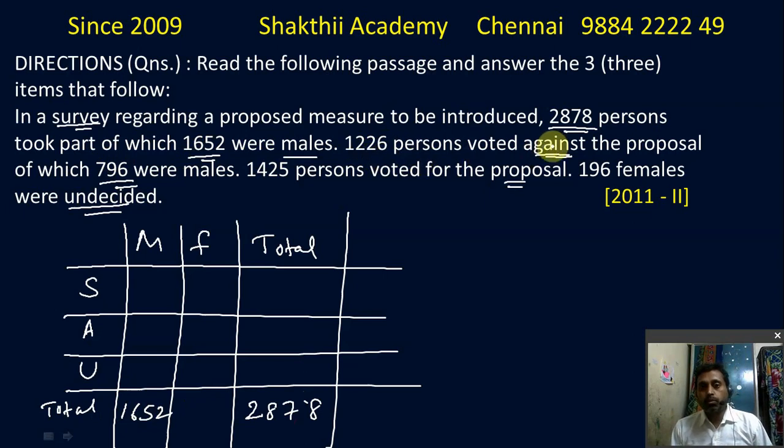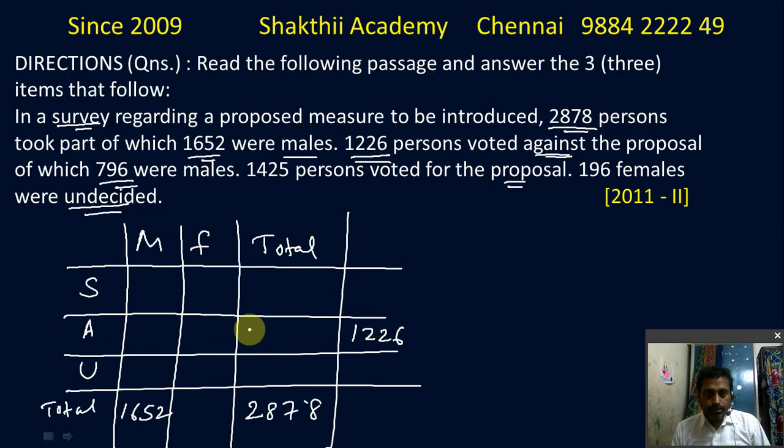Then 1,226 persons voted against the proposal. It's very clear, 1,226 persons voted against. Voted against means against the proposal.